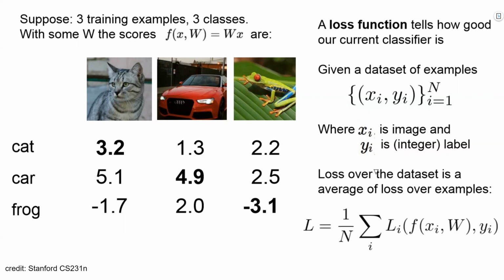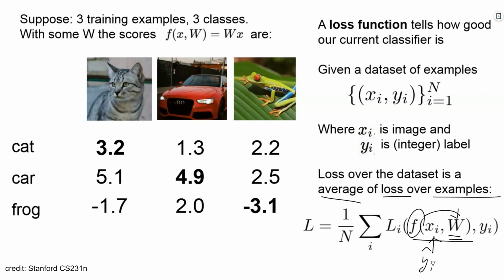And the loss over the data set is the average of the loss over examples. Here, we feed our input data, x sub i, to our classifier f, and this classifier contains parameters W. This will generate some numbers representing the predicted labels. Let's denote the predicted label as y sub i hat.